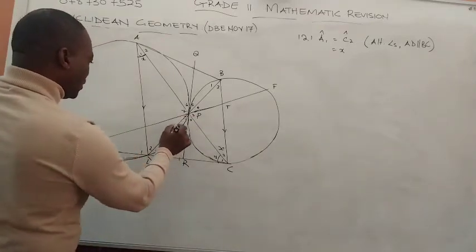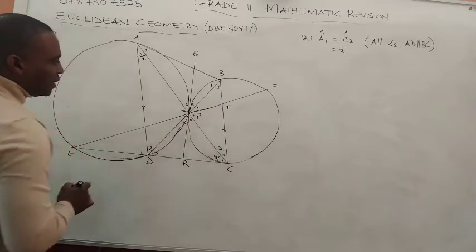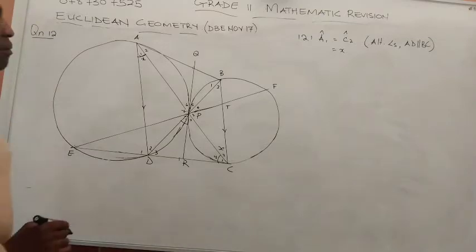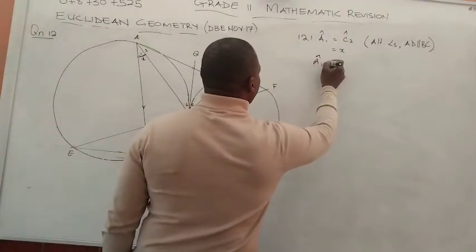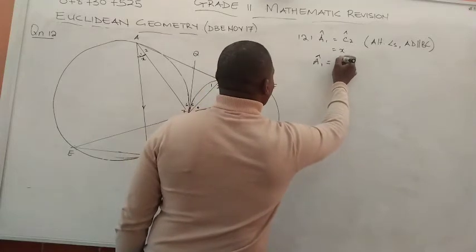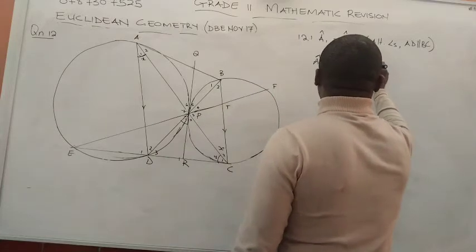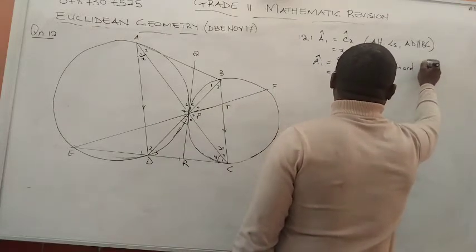And the angle that the chord DP makes with the tangent is angle P1. So using tan chord theorem, we are also saying angle A1 is equal to angle P1, which is x. Here we are using tan chord theorem.